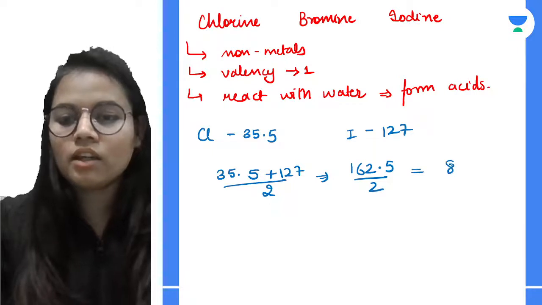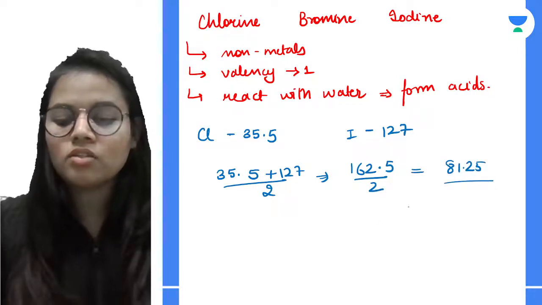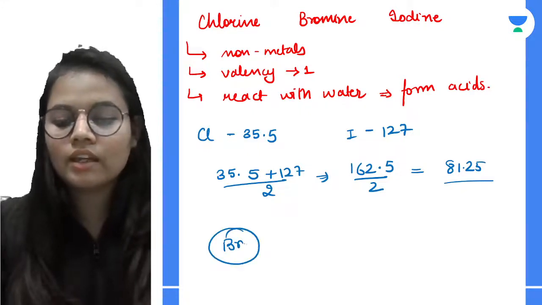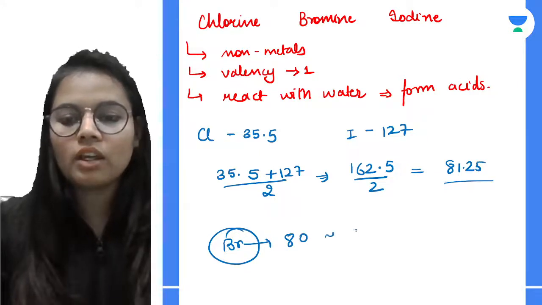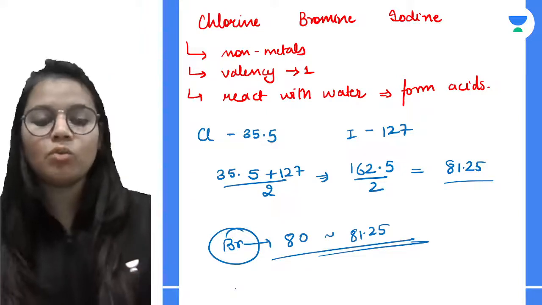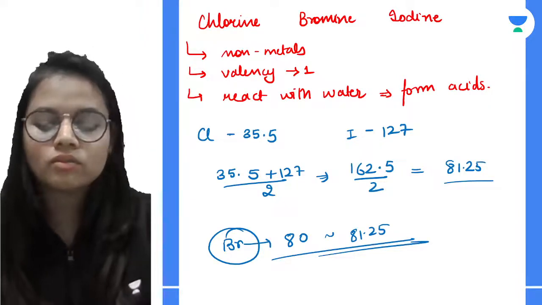That makes it 81.25. And the mass of bromine is 80. So 80 is again somewhere equal to 81.25, nearly equal. So this law was applicable over here also.